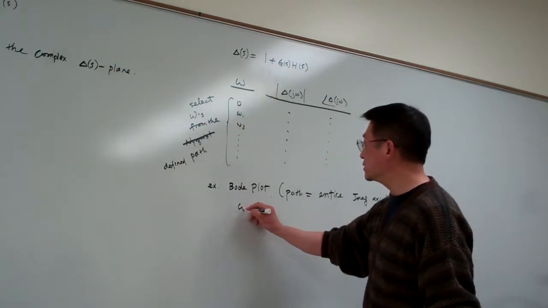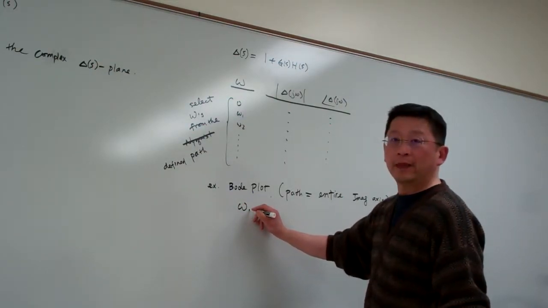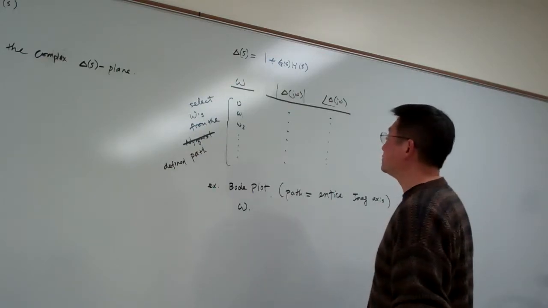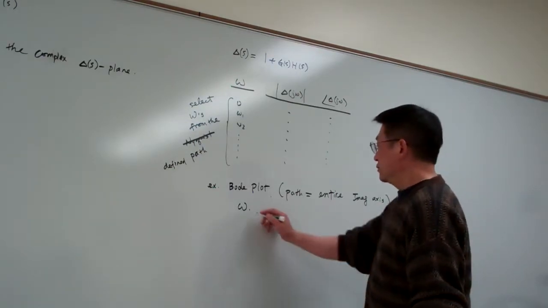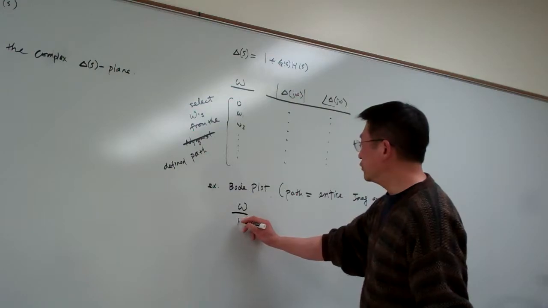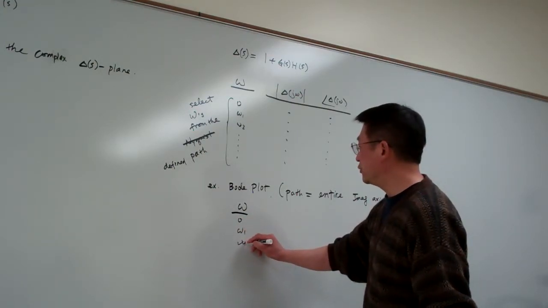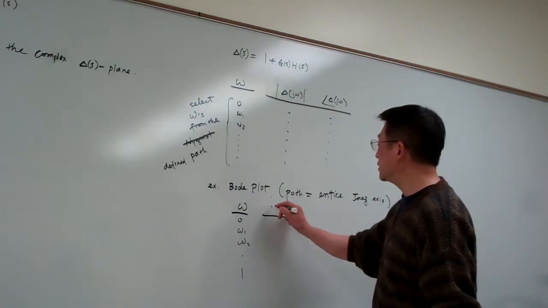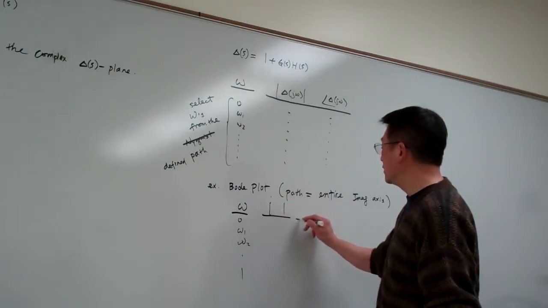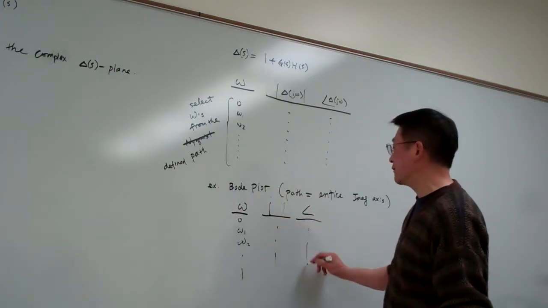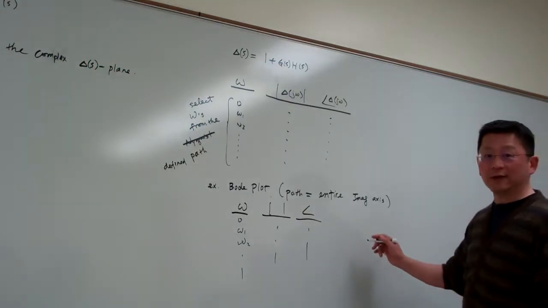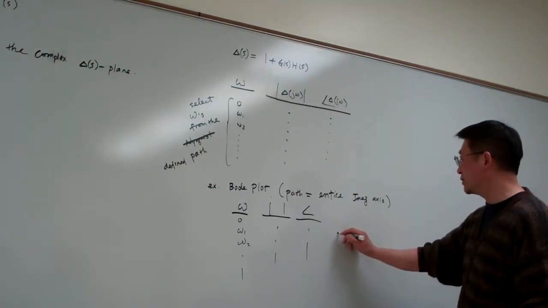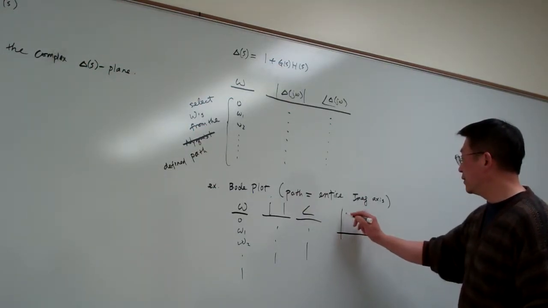What we learn is omega equal to 0, omega 1, omega 2, etc., and then we determine the magnitude and the phase angle, and then we make the plot.